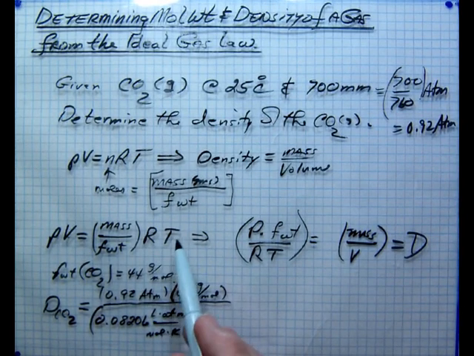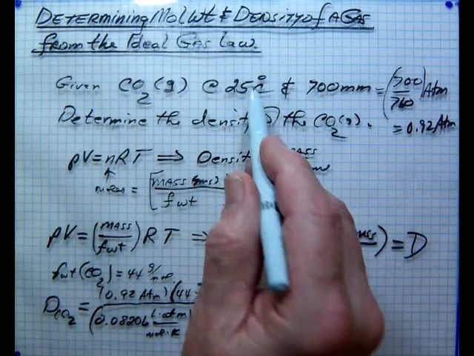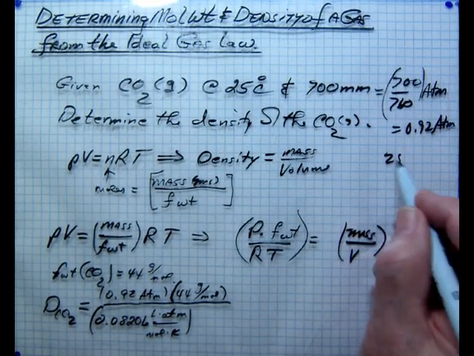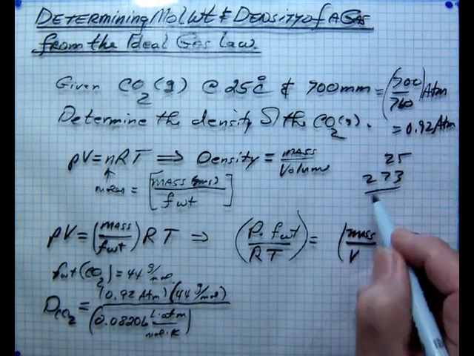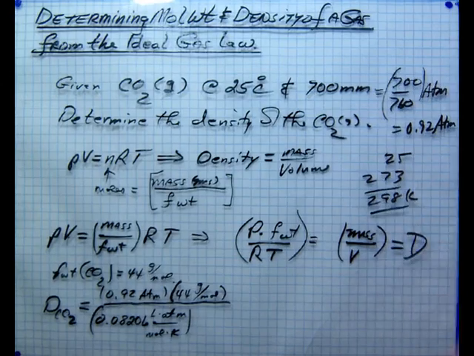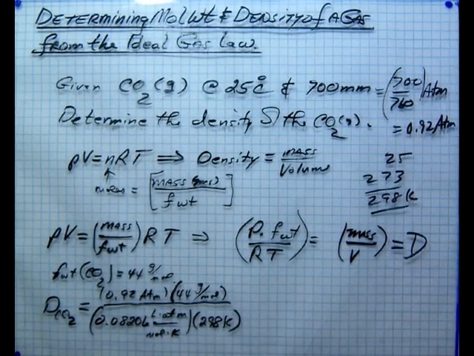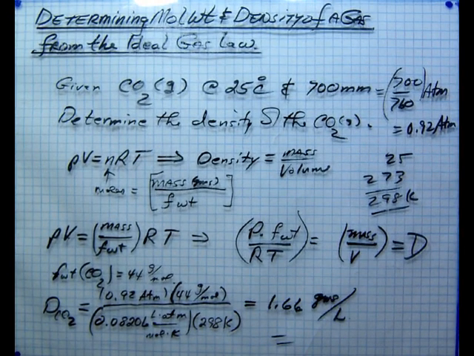And finally, the temperature at 25 degrees, you add 273, and so we have 298 Kelvin to put in there. Okay, I get 1.66 grams per liter. You can count on having one of those on test day.